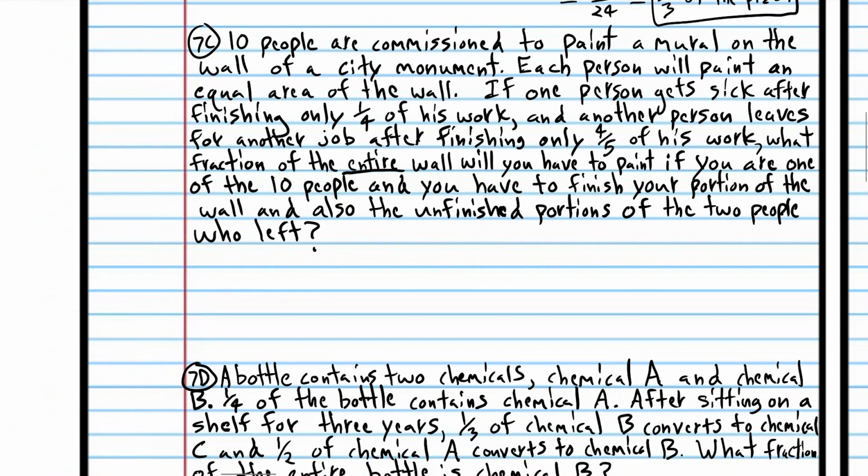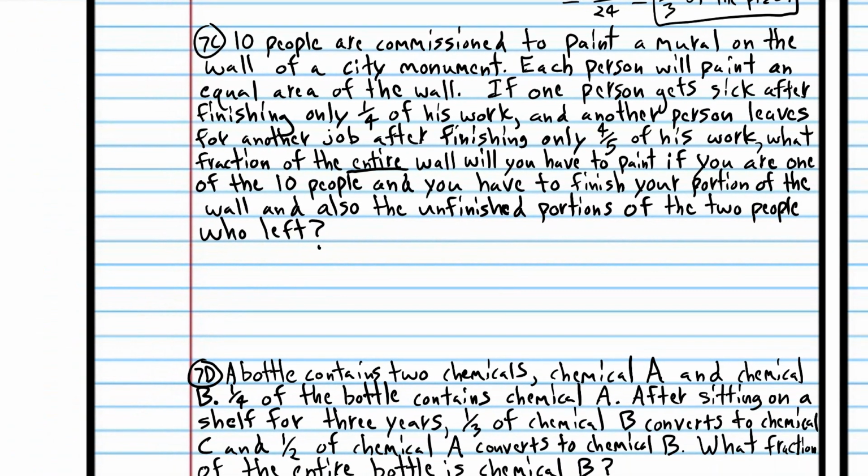All right, we're back. So you have 1/10, and this person finishes only 1/4 of his work. So if he only finishes 1/4 of his work, that means there's 3/4 of 1/10 that he didn't do, and the other person, let's see, another person leaves for another job after finishing only 4/5.